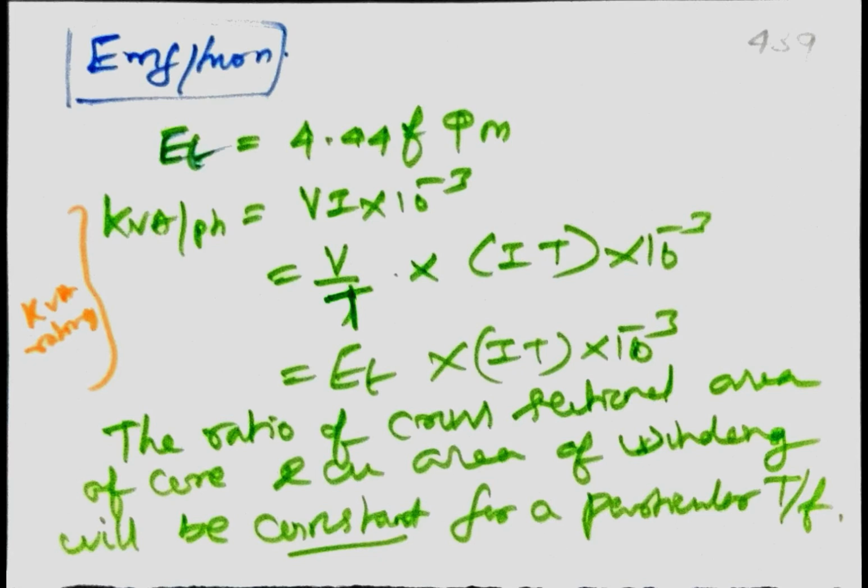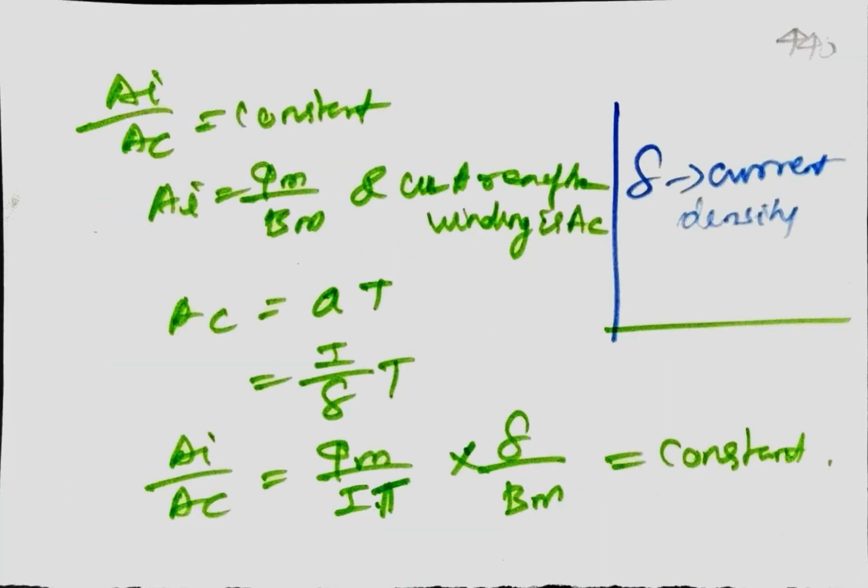kVA per phase is equal to VA into 10 power minus 3. That is equal to V divided by T into IT into 10 power minus 3, that is equal to Et into IT into 10 power minus 3. The ratio of cross-sectional area of core and copper area of winding will be constant for a particular transformer. Ai divided by Ac is equal to constant.